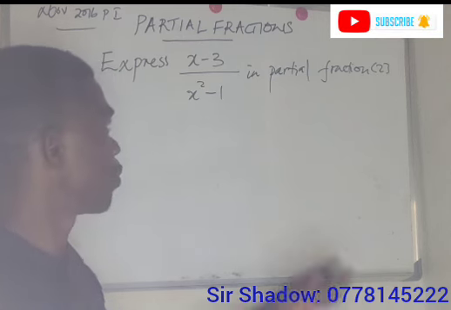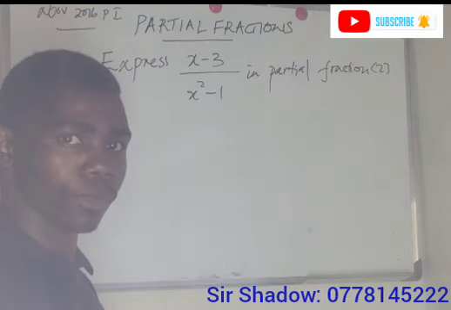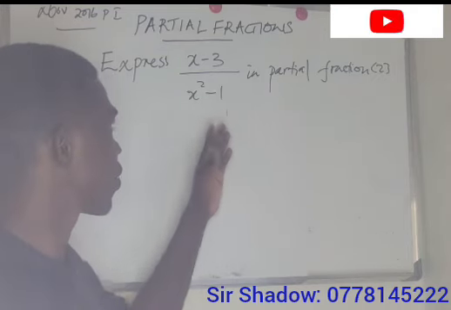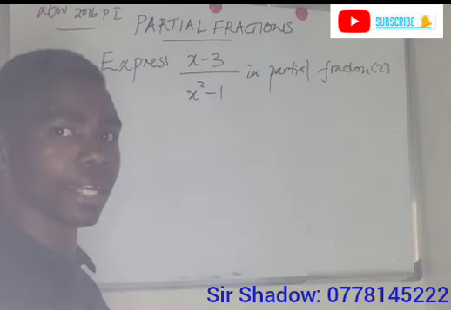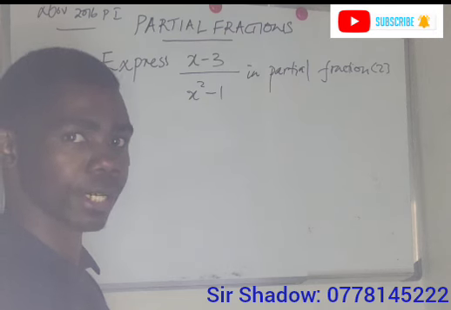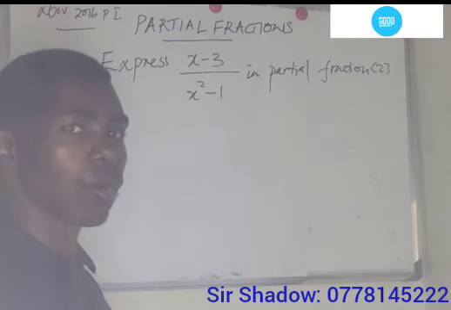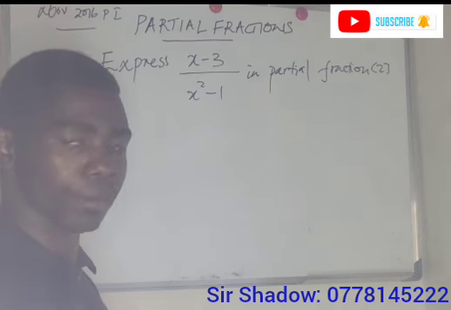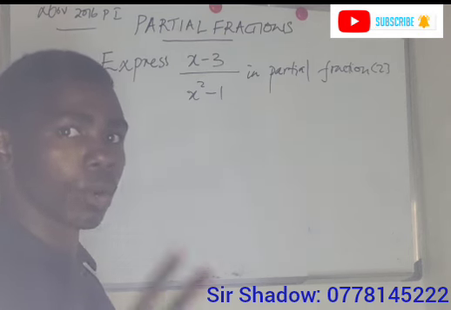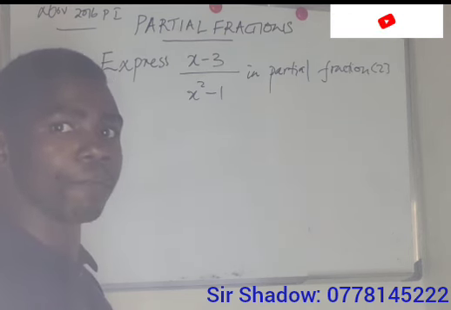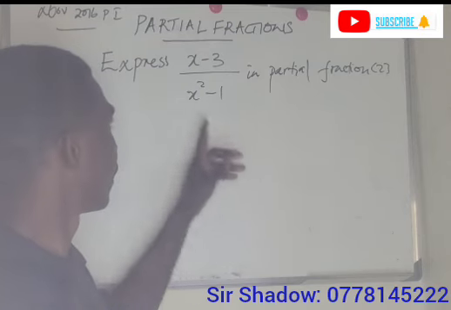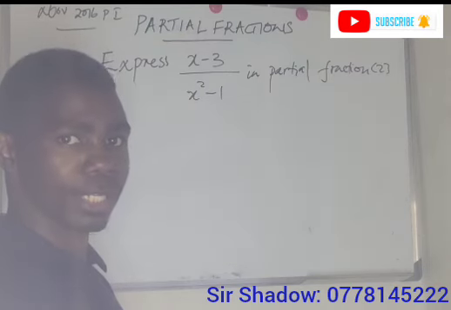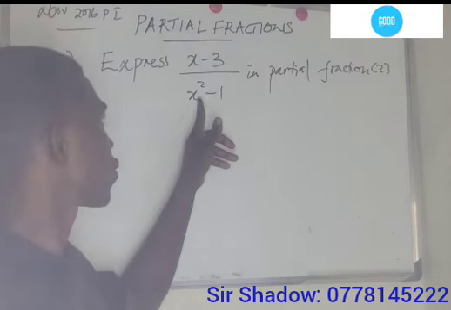So for you to partialize this one, as you see, this is the linear partializing, using the linear factor. Why are we saying we have to partialize this one using linear factors? Remember, we have two linear factors on the denominator. Which ones? We have x squared minus 1.